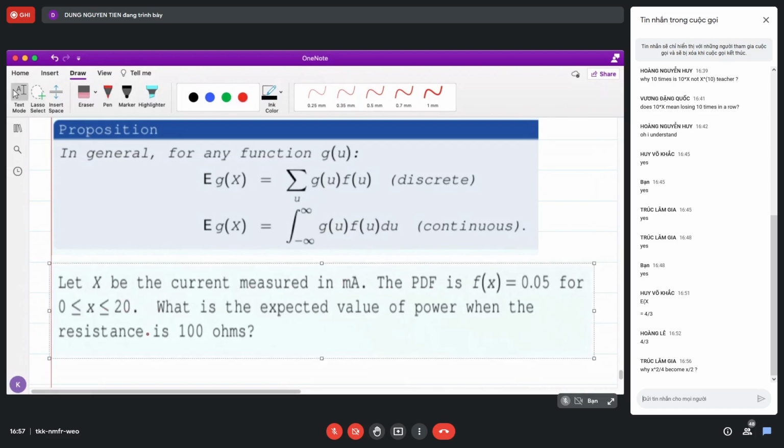What is the average value of power when the resistance is 100 ohms?